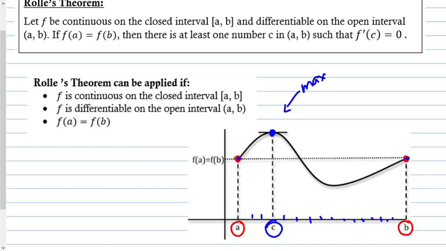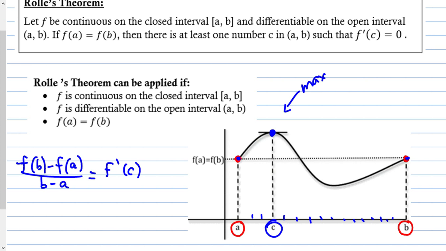So if I were to take f of a and f of b and find their slope, it should be the same exact thing as the slope at C. But remember, if I have 2 points, I can do the slope formula that you learned back in Algebra 1. But if I only have 1 point, like C, then we do the instantaneous slope, which is the derivative.